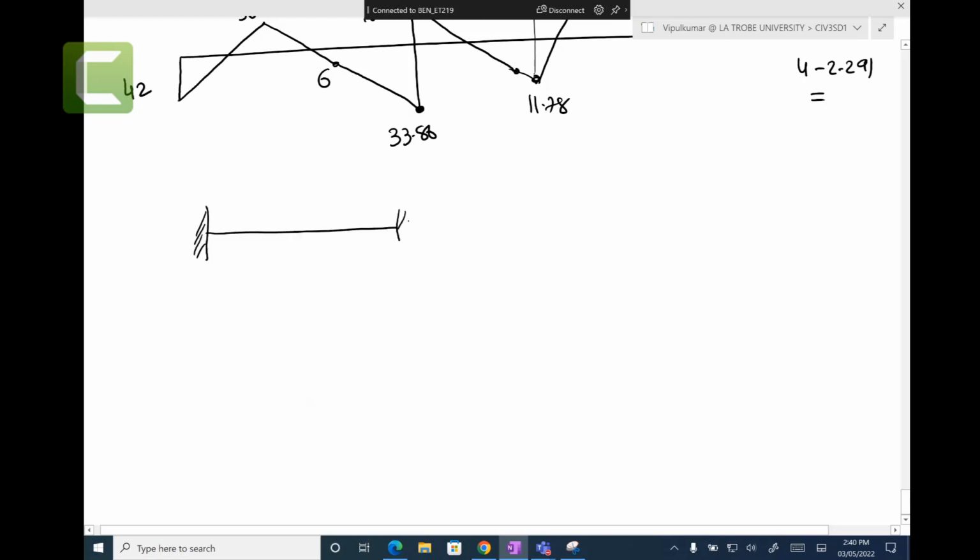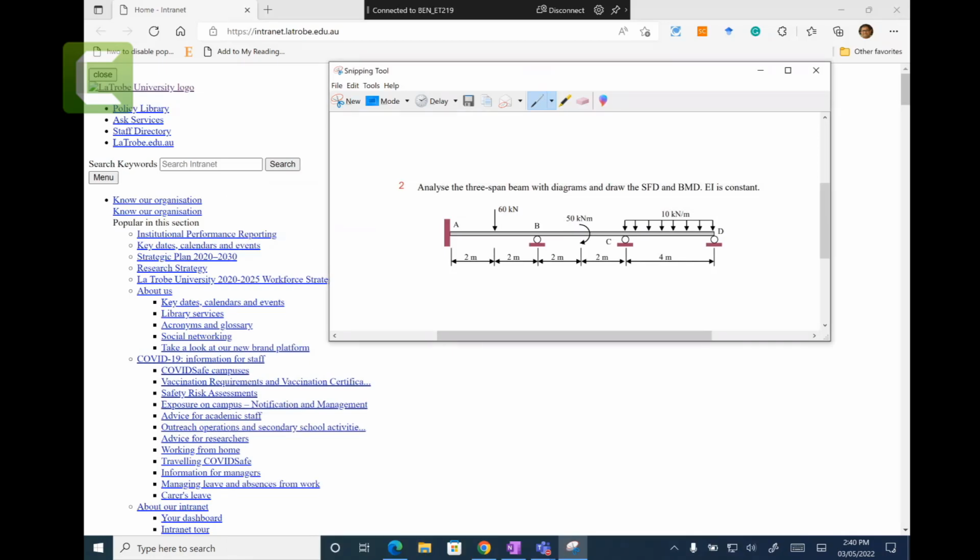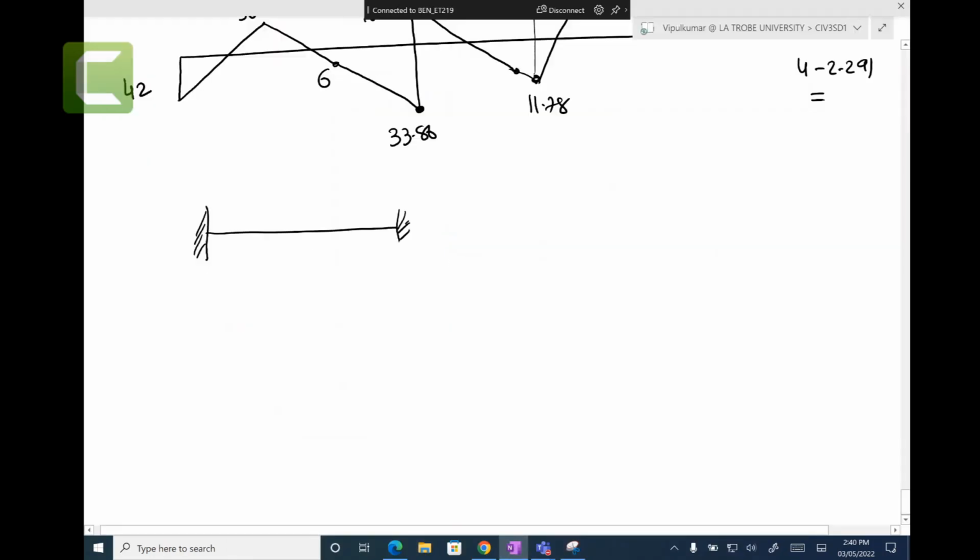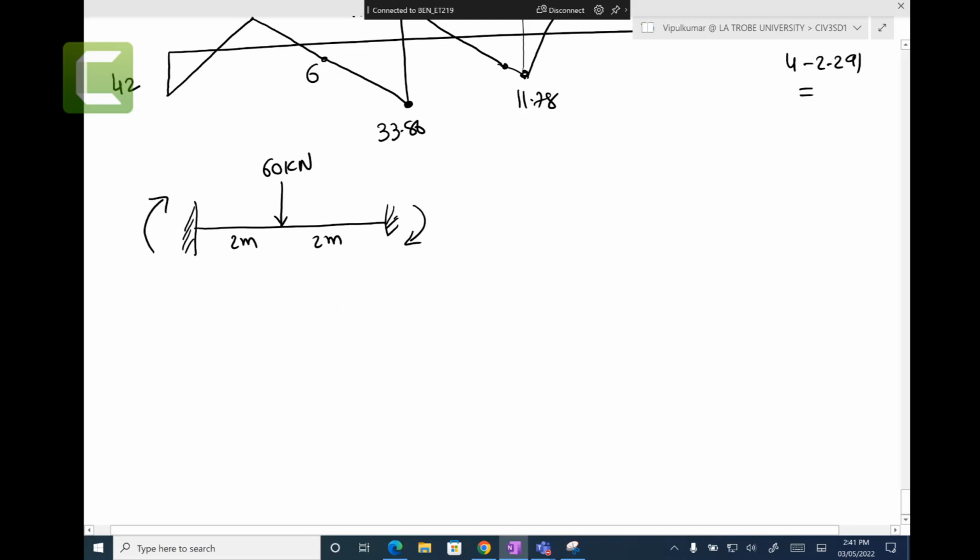You have 1 beam, and that beam has a 60 kilonewton load coming, in the 2 meters. Now our question is, we don't know the directions. We don't know if moments are coming here or there. Let's assume this is going this way, this one this way, and this one coming this way. Our question is to find these moments.